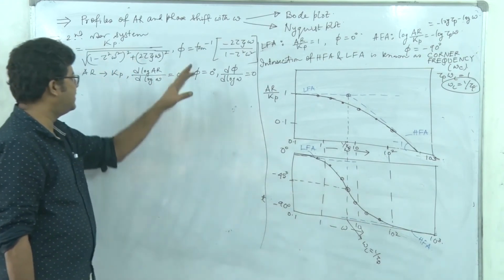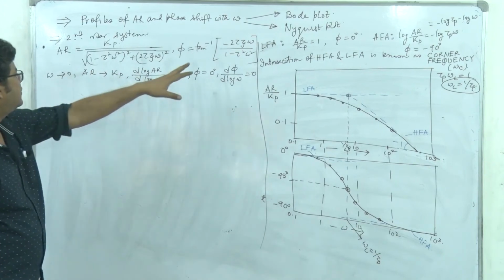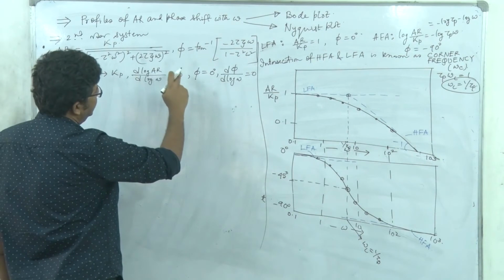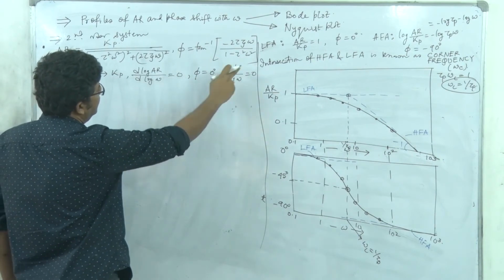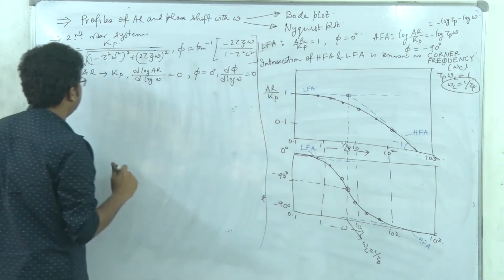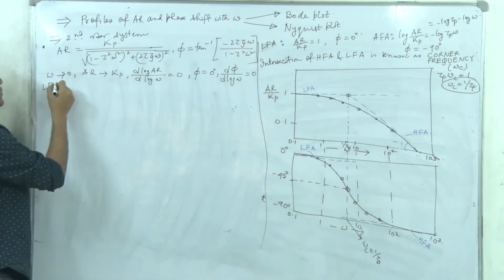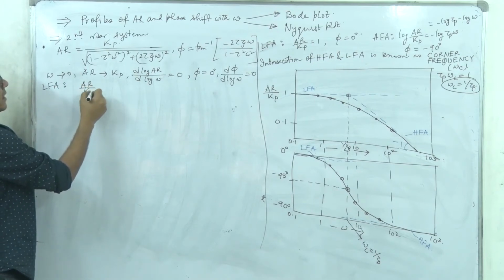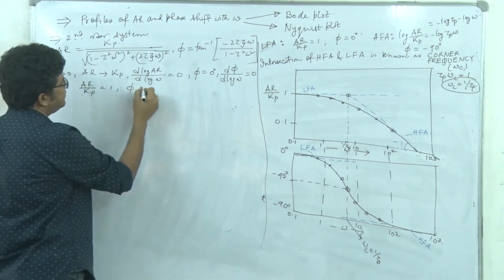So omega tending to 0, this AR tends to Kp, the slope in the log space will be 0, phi is equal to 0, and the slope in the semi-log space will also be equal to 0. So the low frequency asymptote equation will be AR by Kp equal to 1 and phi is equal to 0.